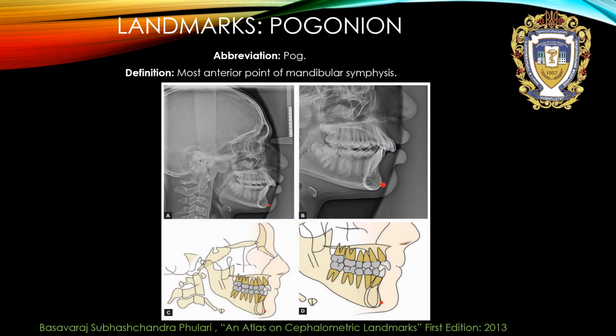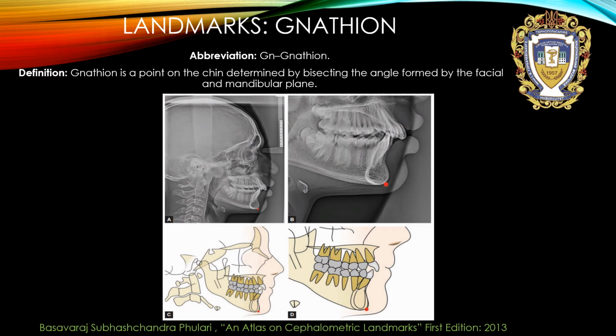Pogonion point. Most anterior point of mandibular symphysis. Gnathion point is a point on the chin determined by bisecting the angle formed by the facial and mandibular plane.